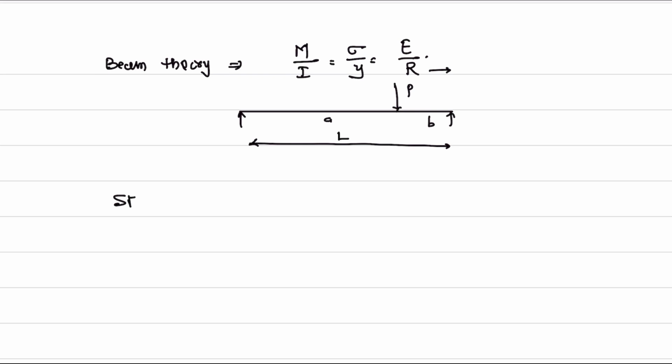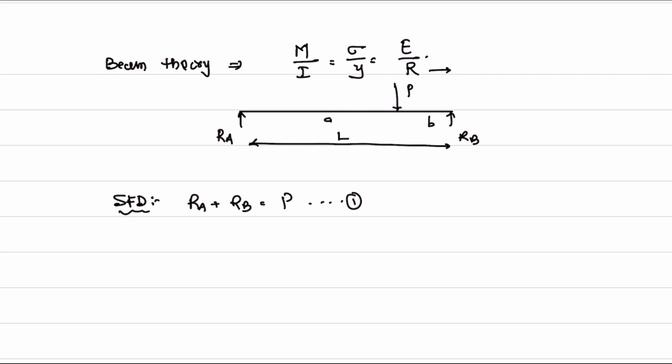As per the shear force diagram or shear force calculations, this is RA, this is RB, the reaction at A and the reaction at B. RA plus RB is equal to P, that is the first equation, because the vertical downward forces equal the vertical upward forces. What are the vertical upward forces? RA and RB. What is the vertical downward force? That is P. RA plus RB is equal to P.